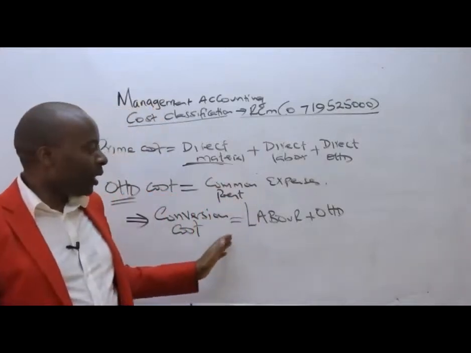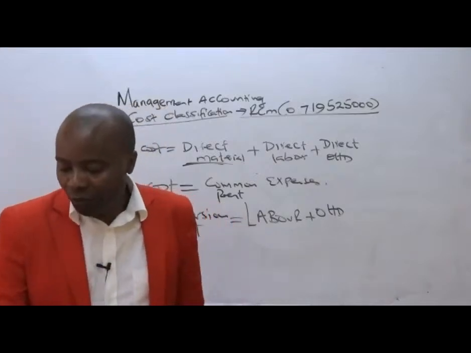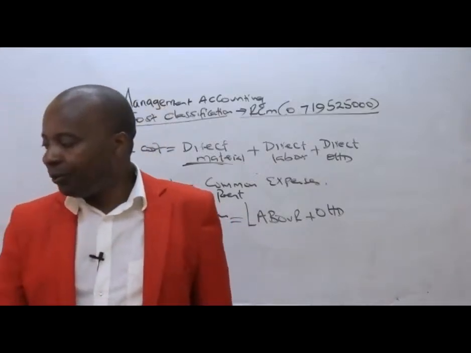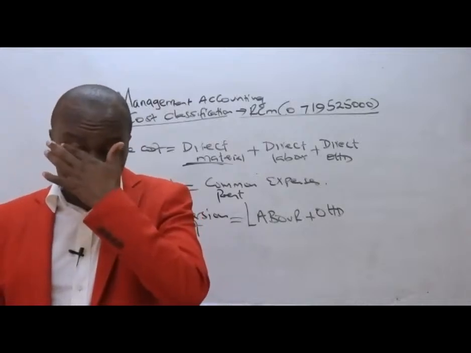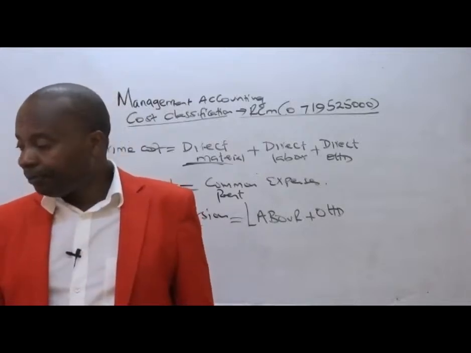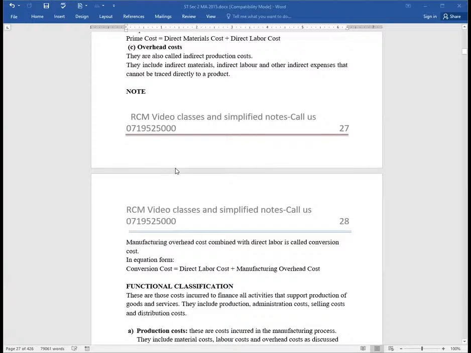So very importantly, for us to understand this from the word go, ladies and gentlemen, what we are saying is that we can classify costs in accordance to whether they are manufacturing or non-manufacturing.